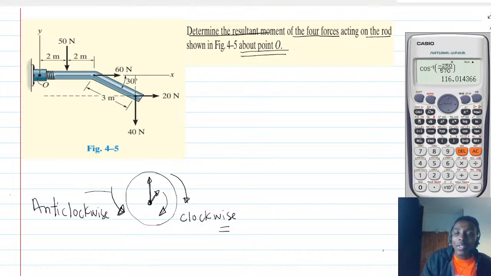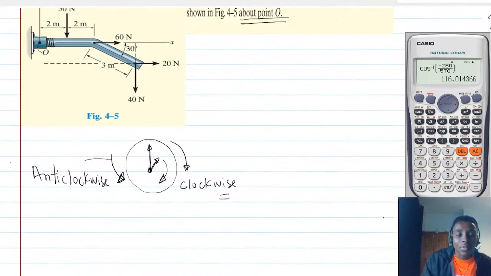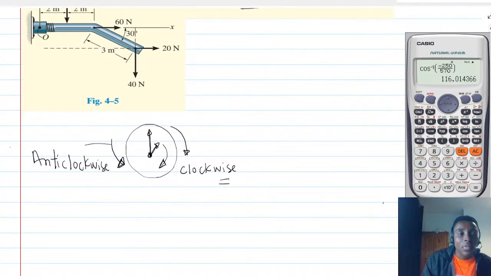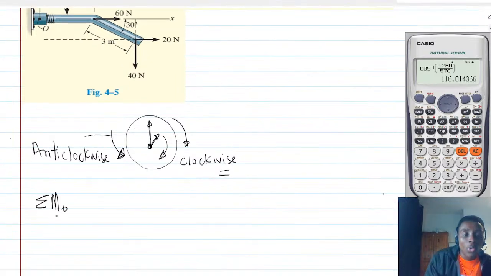Let's solve this question. We are going to sum moments about O, but we need to choose a convention. We can say that every moment counterclockwise is positive.